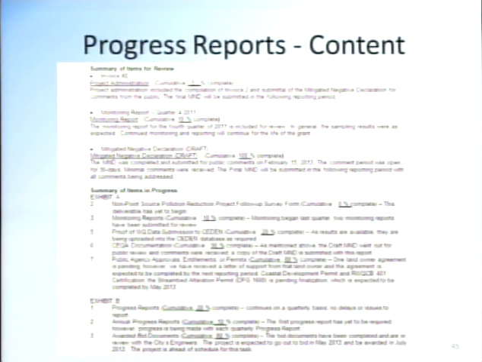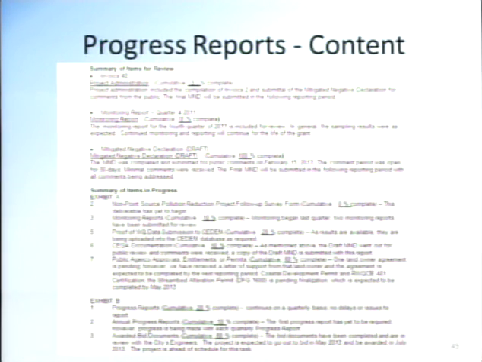And this is just a snapshot of the example that we're going to put online. So the summary of items for review is literally just your invoicing, which goes under your project administration cost.